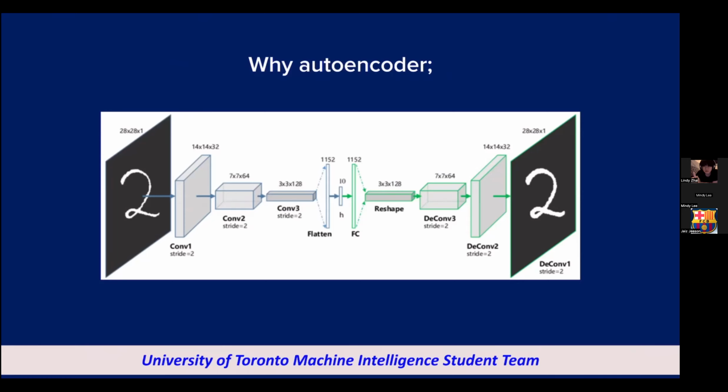So by connecting to a fully connected layer and doing all the inverse convolutional operations, we're able to return the original, sorry, let me see, stage H. It's usually called latent space in the middle, between the flattened and FC.